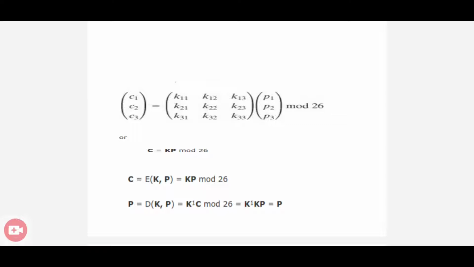So this is about Hill cipher. Hill cipher is a multi-letter cipher mechanism in which a linear equation system is used. We can convert m successive plain text letters into m ciphertext letters. Clear?